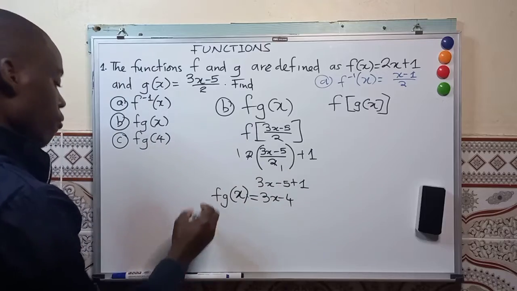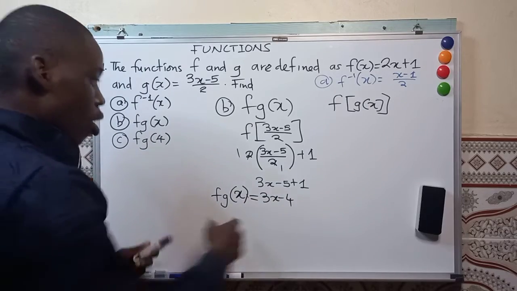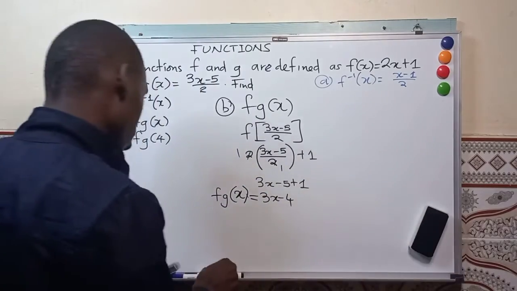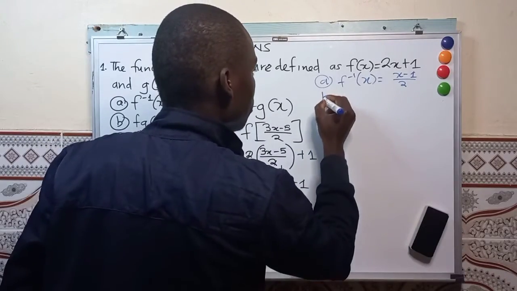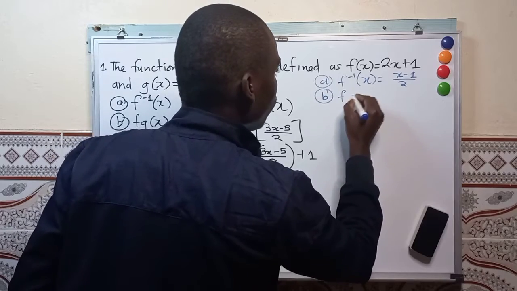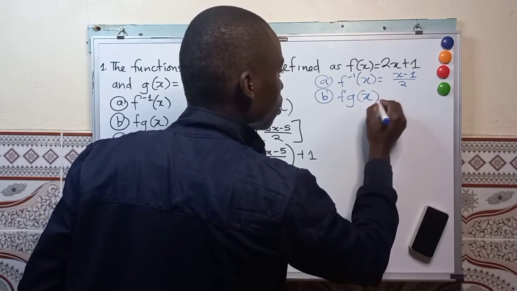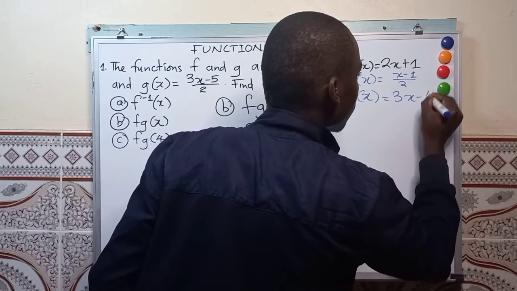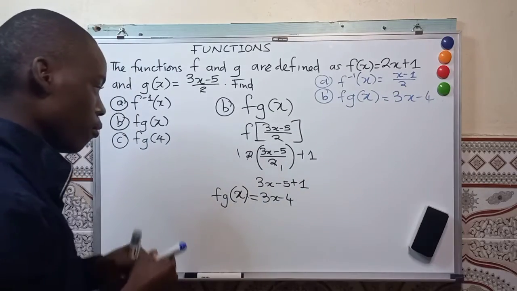I'll write it on top here: B, our f of g of x is equal to 3x minus 4. This is our f of g of x.